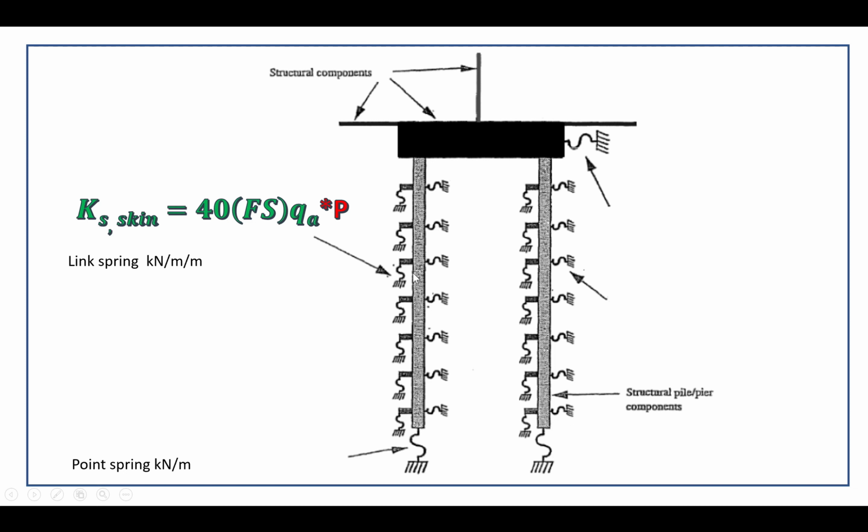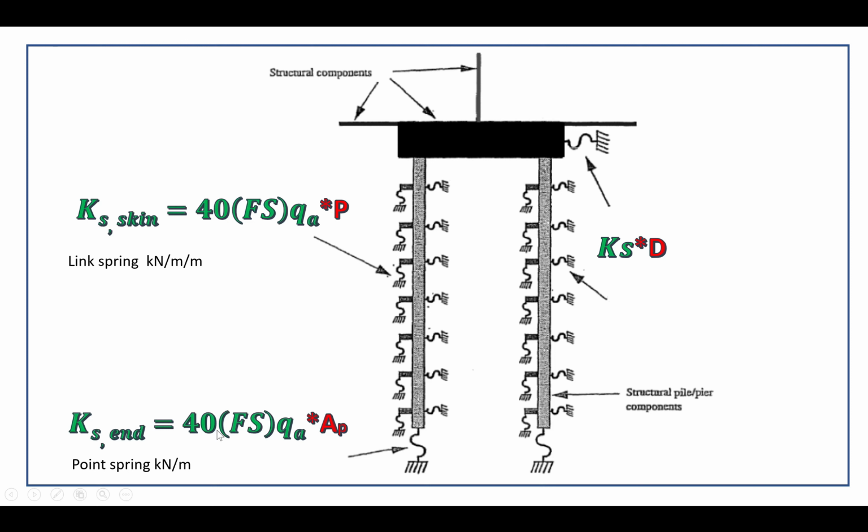In the case we use a round pile, you multiply with the perimeter of the round section. For the lateral soil spring, you can use Ks multiplied by D, where D is the diameter of the bored pile, or sometimes it is Ks multiplied by B. It's the same; B and D are the diameter of the bored pile.